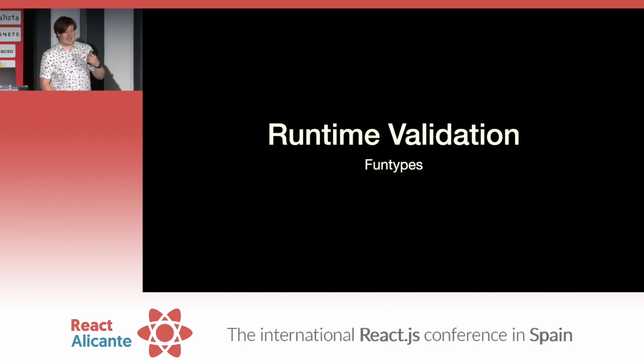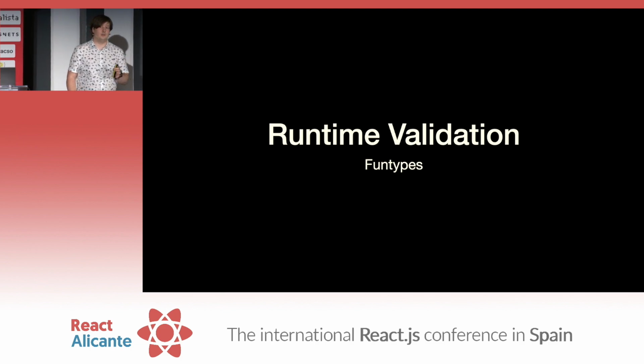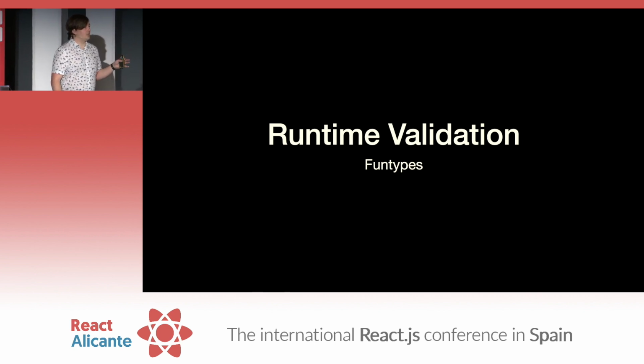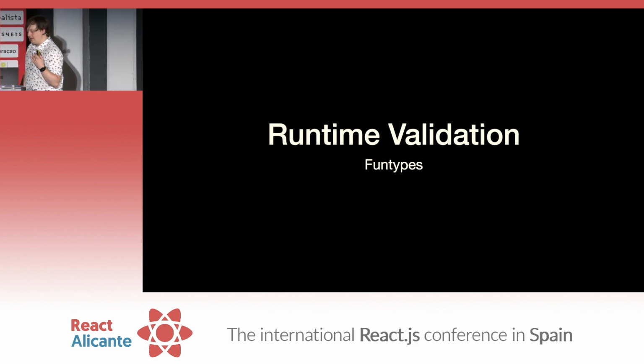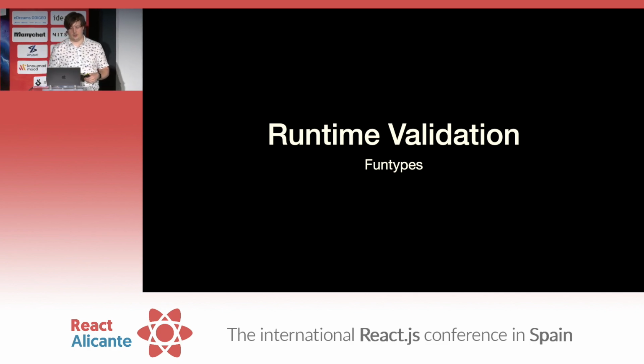And when that happens, you want to find out about it quickly, and you want to find out about it with an error that makes it clear that it's coming from the value that's returned by that API, not some internal property X does not exist on null type of error. So that's where runtime validation can really save the day and really help you.